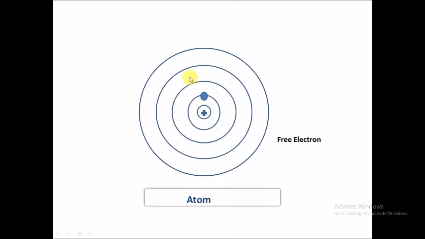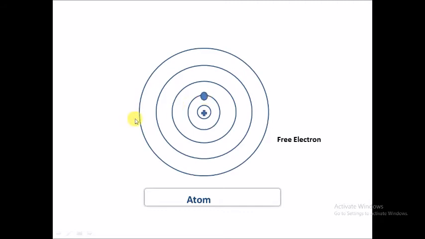Every orbit has its own energy. They are also called energy levels. So every energy level has its own energy. Suppose the first orbit or first level has an energy of 5 electron volts. Suppose the second is 10 electron volts, the next is 15, and the next is 20 electron volts. Now initially the electron is in the first orbit, which means its energy is 5 electron volts.